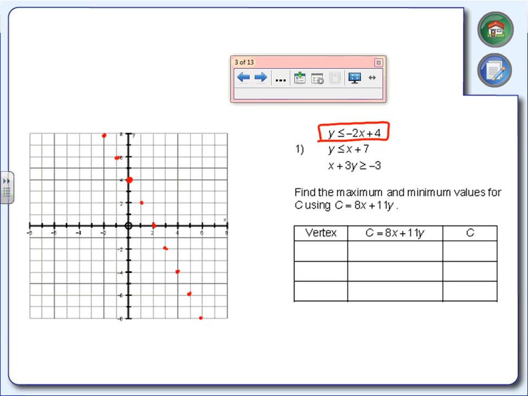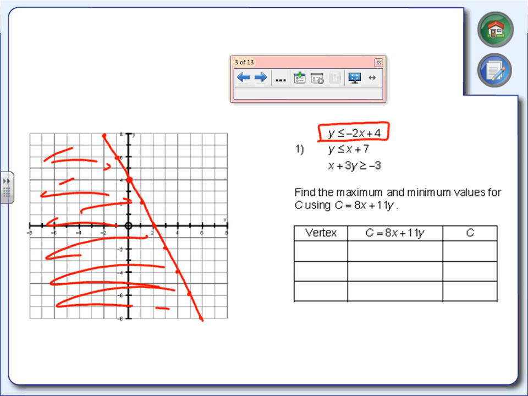Mine has an equal sign on it, so I need to make sure I'm using a solid line. There it is. But I also need to shade. This says less than, and because it says less than, we should be shading to the bottom. So we're going to lightly shade to the bottom like we did yesterday. Very light. So that's our first inequality. Those of you that weren't here yesterday, this is basically what we did.